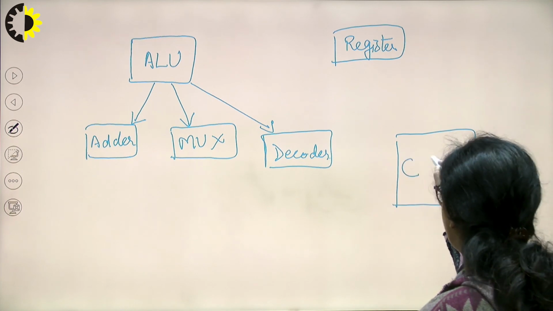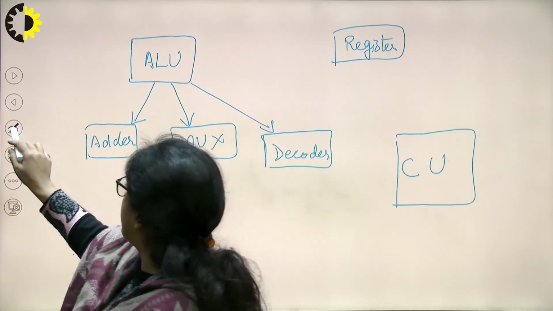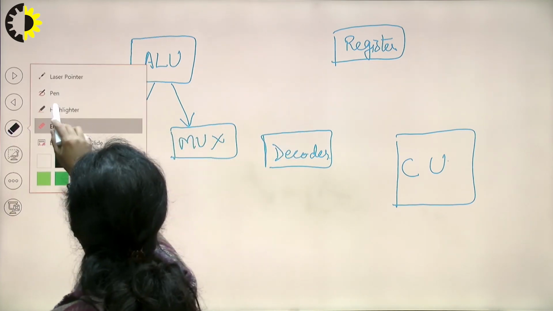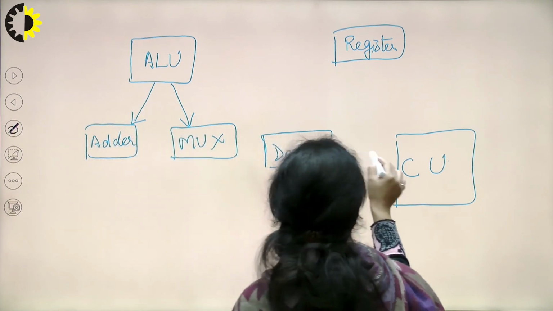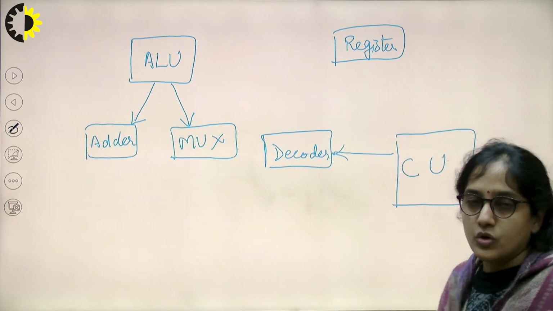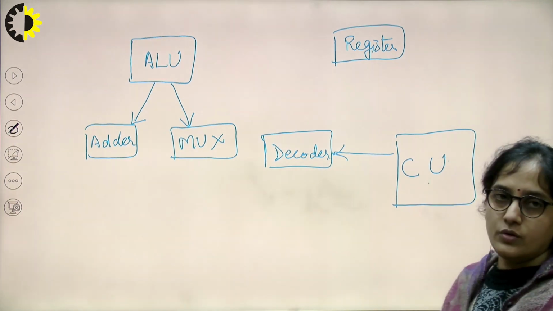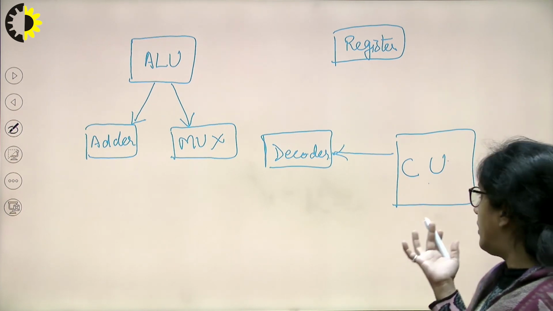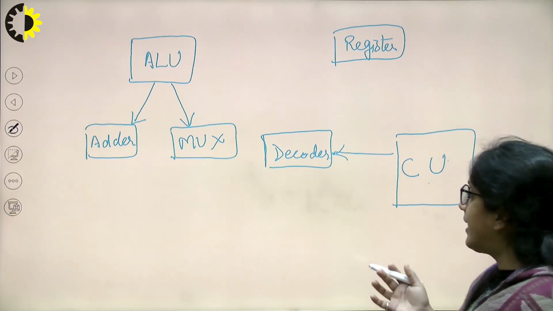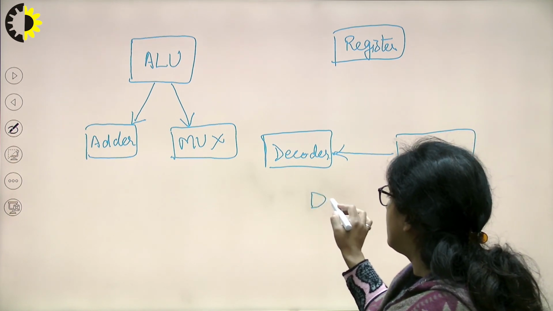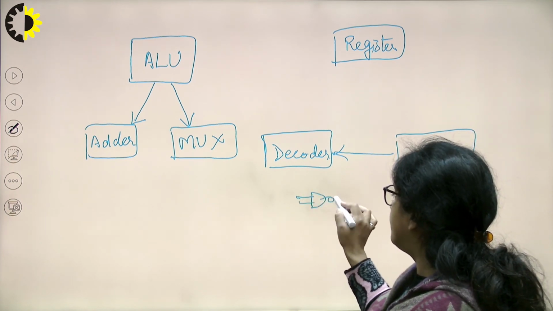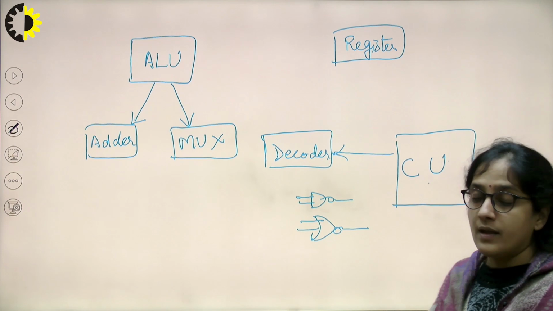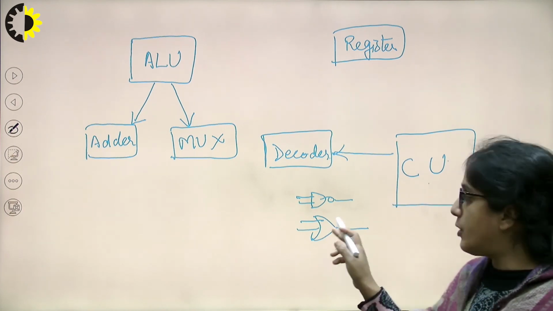Here the decoder will come. To design this control unit, that is the decoder part and the circuitry for signal generation, we need to use NAND gates or NOR gates.